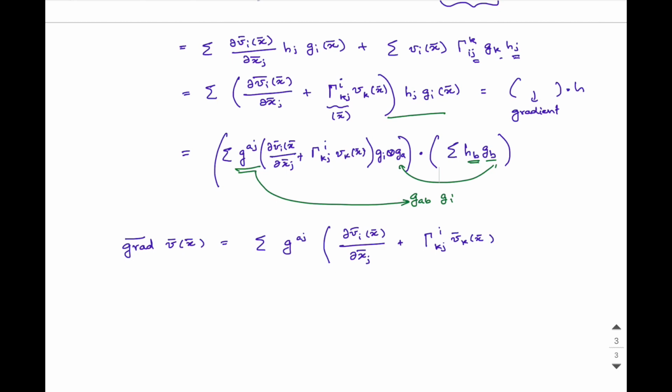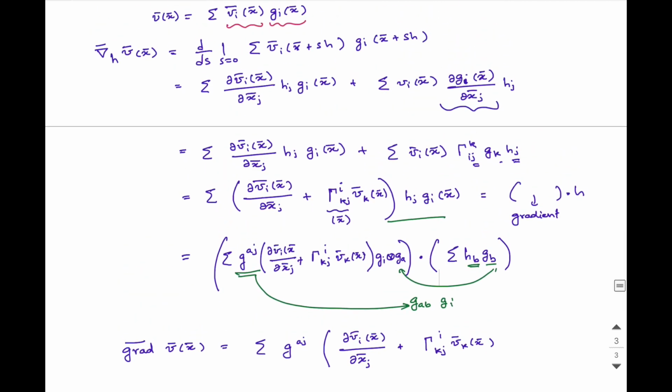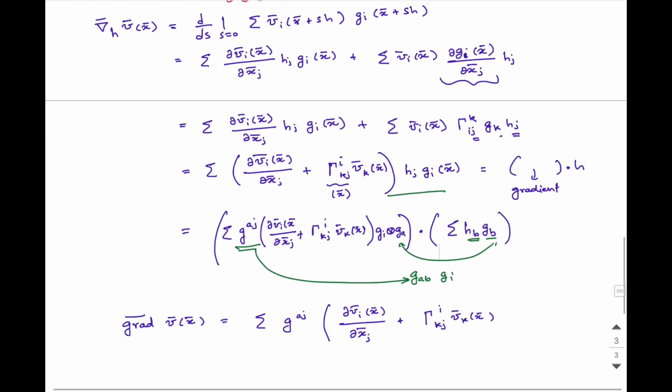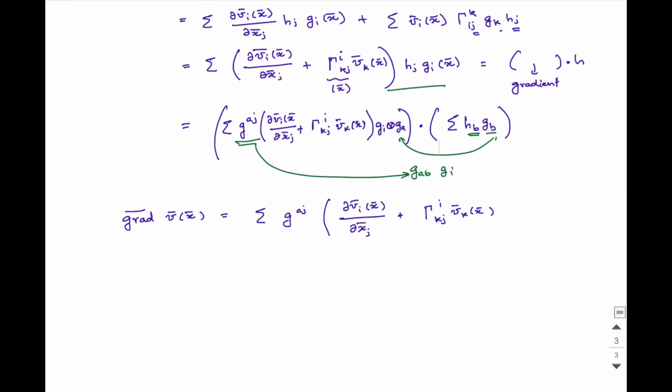Oh sorry, it should also all be v bars. I've been missing out on the v bars over here. Good, even here it's going to be v bar, just a typo.